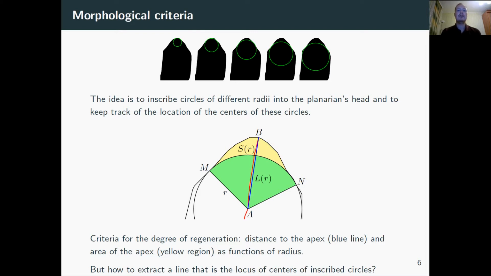It is proposed to calculate the area of the spot not covered by circles, as well as the distance to the apex of the blastema, depending on the size of the circle, as a characteristic of the regeneration rate. With an increase in the radius of the circle, its center begins to move from the apex to the tail.